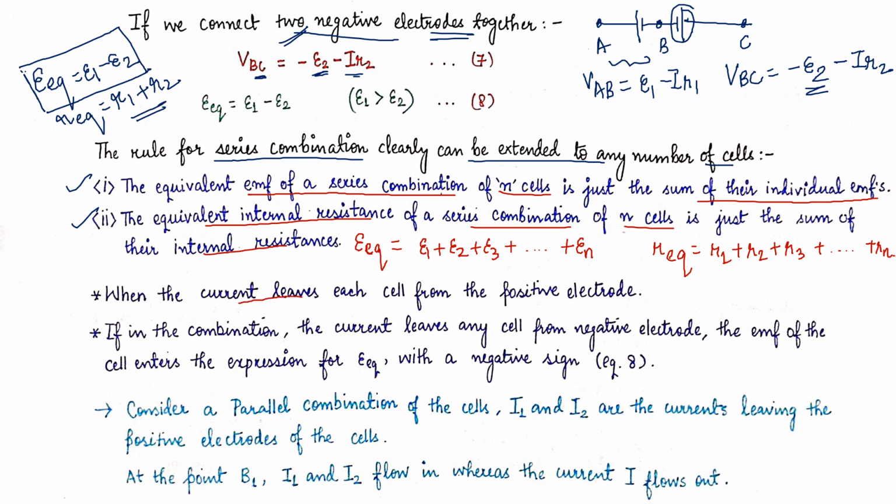If the current leaves a cell from the positive electrode, and secondly, if in the combination the current leaves any cell from the negative electrode, the EMF of the cell enters the expression for E equivalent with a negative sign. What they are saying, I will explain.